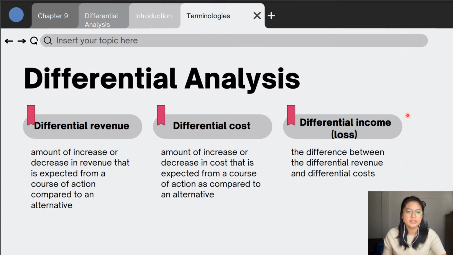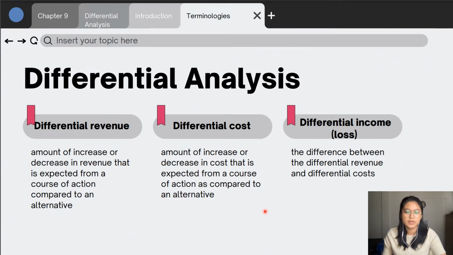So differential income would indicate that the decision or the alternative will have an increase in income, while differential loss will define that there will be a decrease in income if a certain alternative is chosen. So overall, differential analysis is used for managers to come up with a decision and decide whether to push through with alternative 1 or alternative 2.